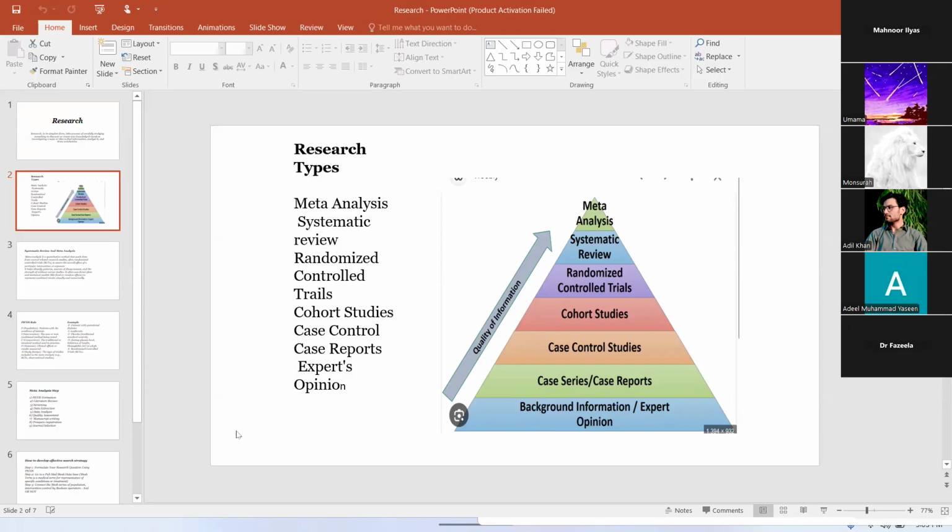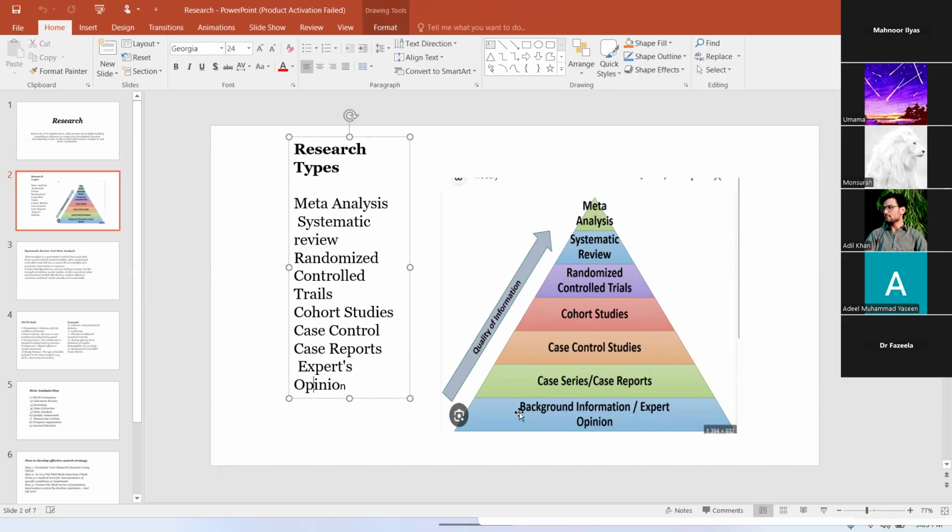One of them is this, which we call the triangle of research, an epidemiology flow diagram too. We'll start from the base of the triangle, and as we move up, the research becomes more complicated and provides higher quality of information, right?